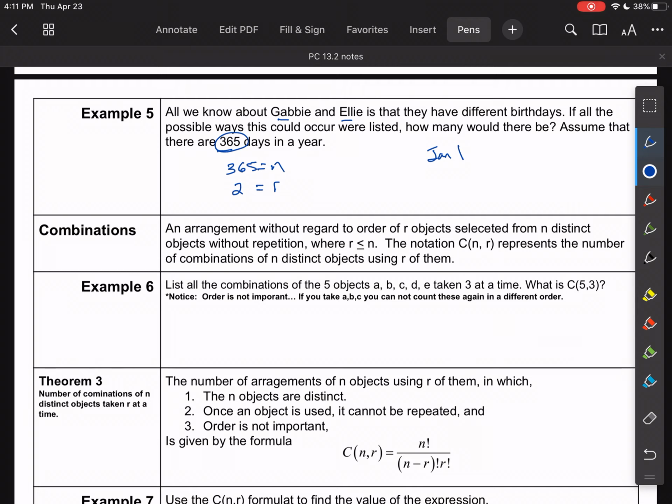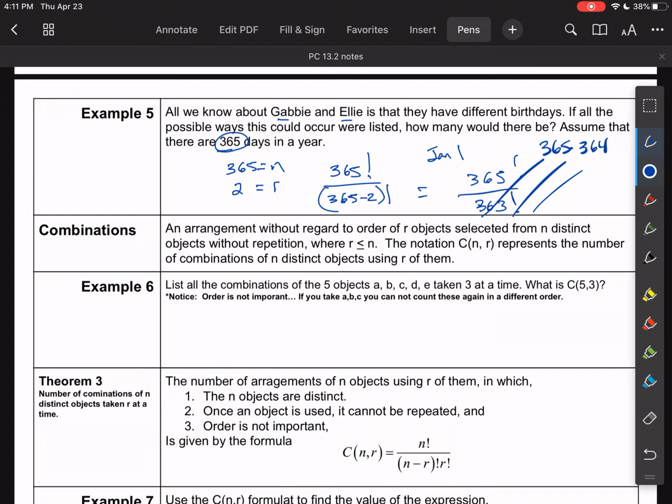This will be 365 factorial over 365 minus 2 factorial, which is 365 factorial over 363 factorial, which is really not bad. Because 363 and all the way down to 1 cancel, and I'm just left with 365 times 364. Easy to do on your calculators. You get 132,860 possible combinations of different birthdays with no repetition of a birthday.